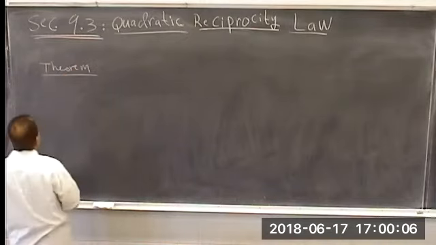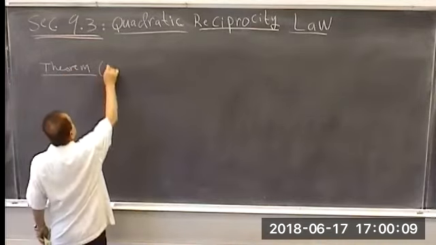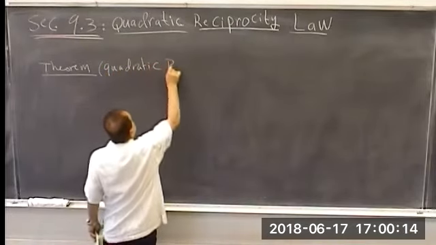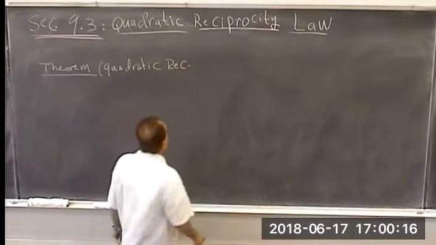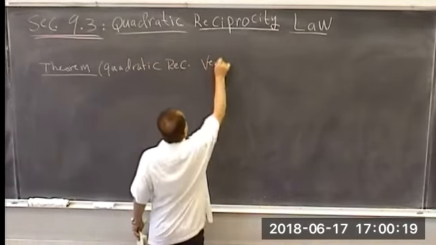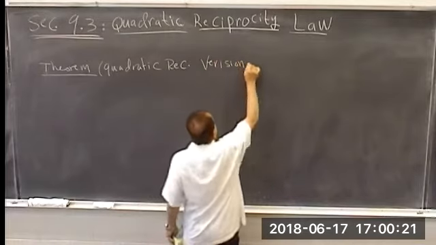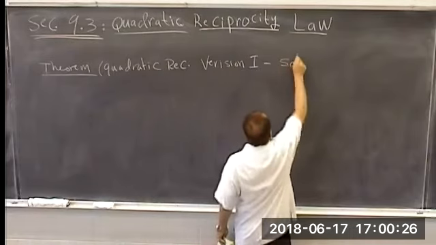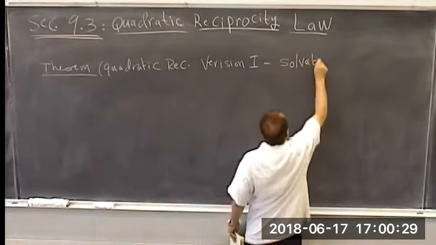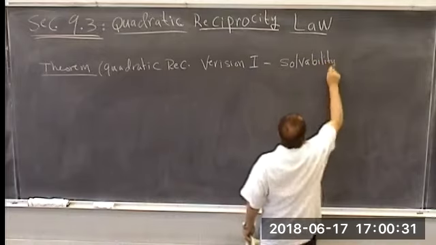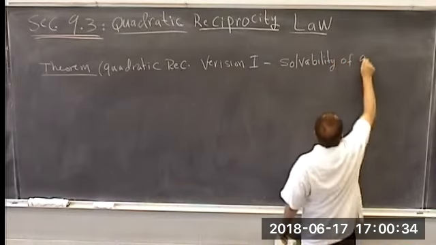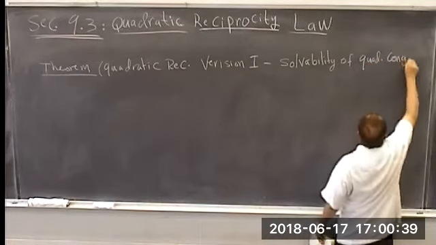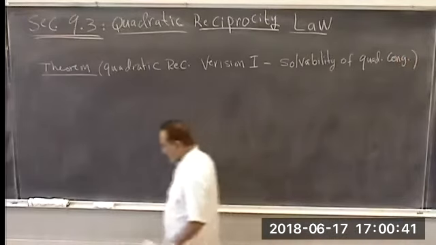So this is the quadratic reciprocity. I'm going to abbreviate this version 1, which has something to do with solvability of the quadratic congruence equations. Or state it like this.